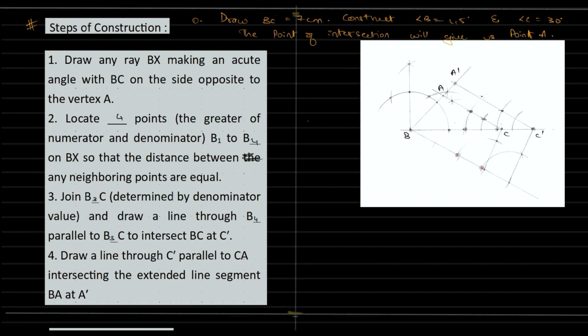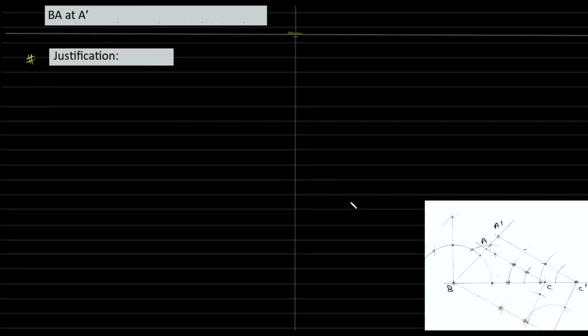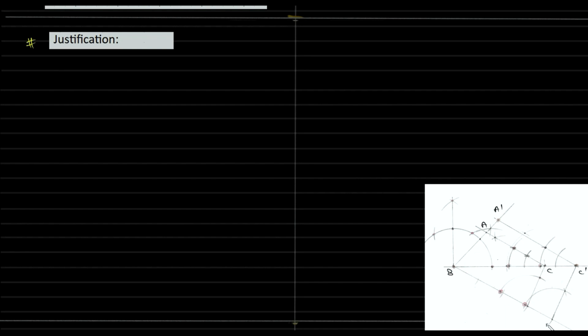Oh, I forgot to mark. Guys, if I do forget all this labeling, you guys should not. That's B1 and that's B2. Okay, so that is B4, B3. Now, first thing is we need to talk about the ratio. For that, we need to consider triangle BC dash and B4.